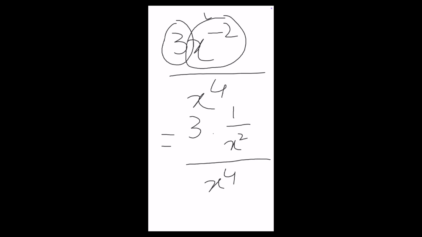So the 3x raised to the power of minus 2 has become 3 over x squared.